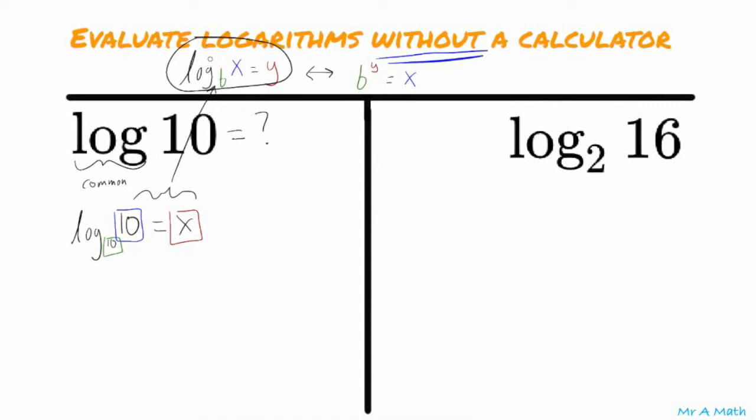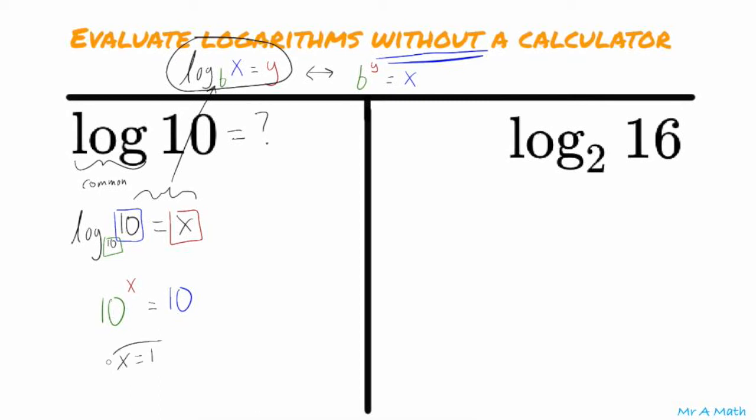And so I can rewrite that in exponential form. That means I can write this as 10 to the x power is equal to 10. We're just using this log base b of x equal to y transfers into b to the y equals x. So now looking at this, I can ask, well, 10 raised to what power is equal to 10?